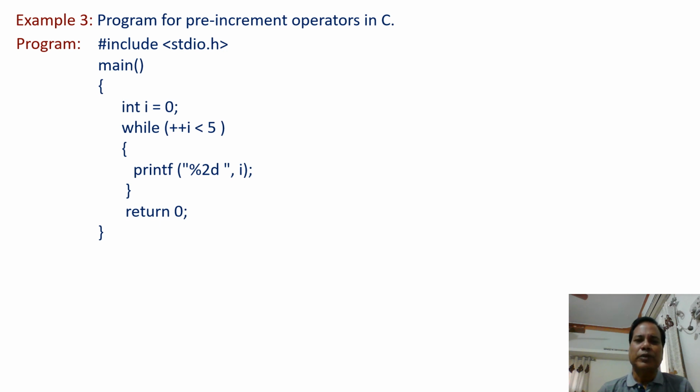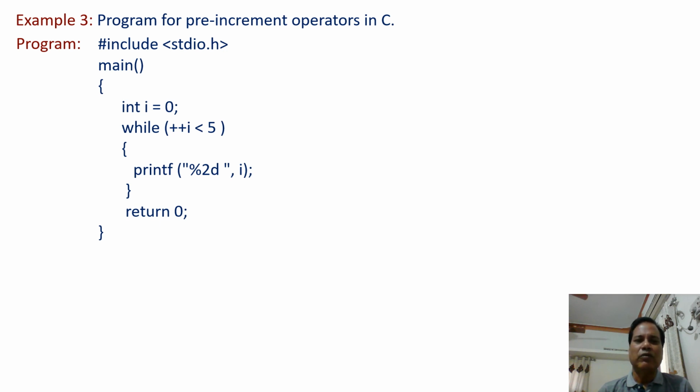The next statement is the while loop statement. In the while loop statement, within open and close parenthesis, a condition is written, and in this condition plus plus i less than 5. So plus plus i is the pre-increment operator.